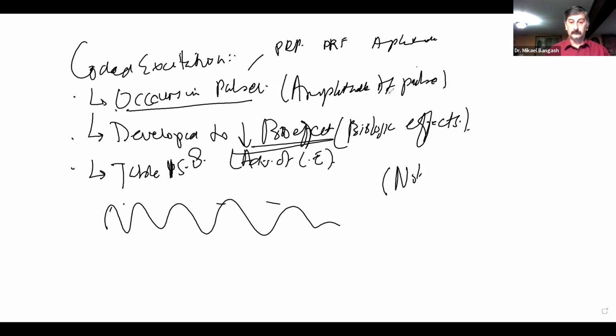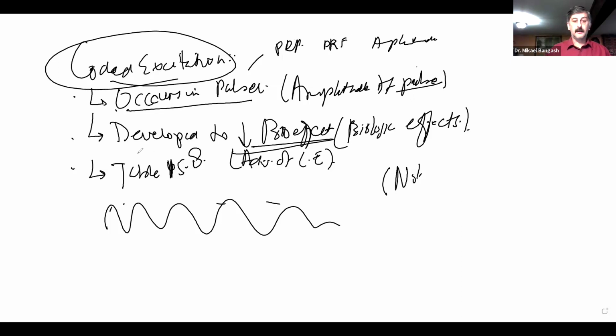So that's mainly where the coded excitation will be performed.